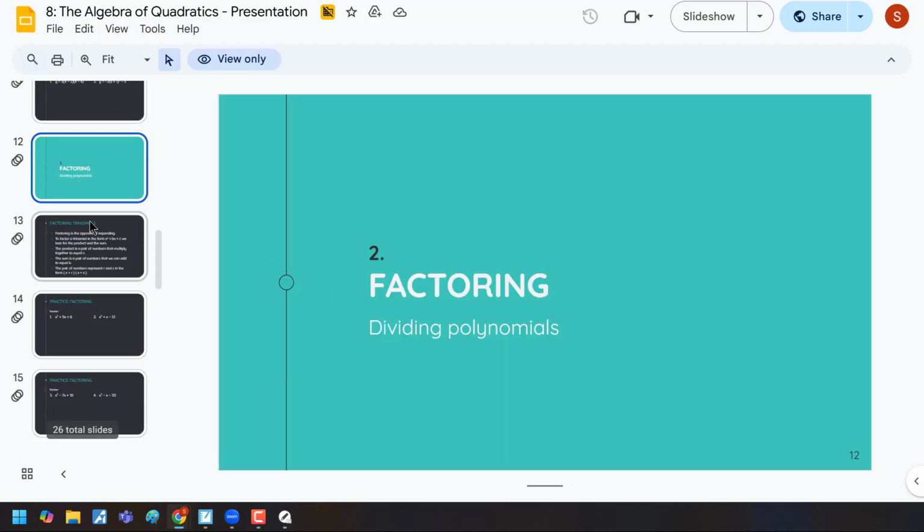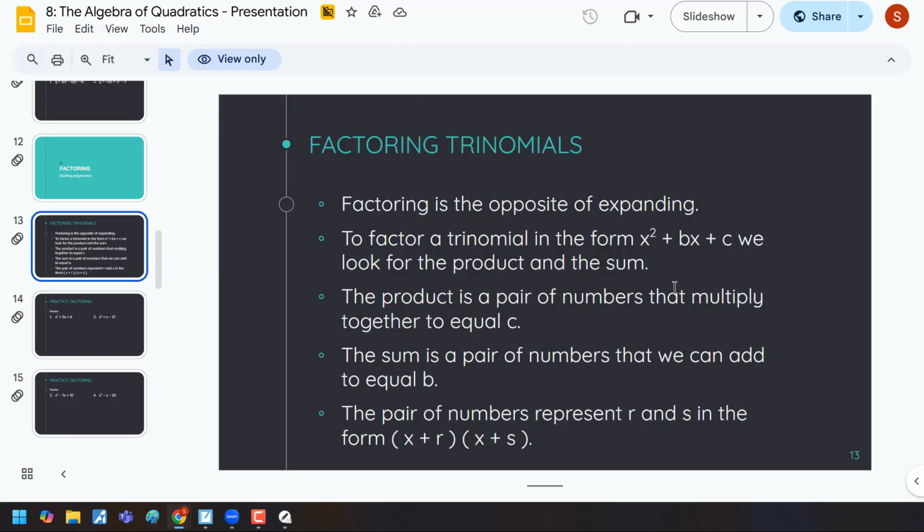Now we're going to do the opposite, which is factoring. So we just learned expanding. That was multiplying. Now we're factoring. Factoring trinomials. Factoring is the opposite of expanding. To factor a trinomial in the form x squared plus bx plus c, we look for the product and the sum.